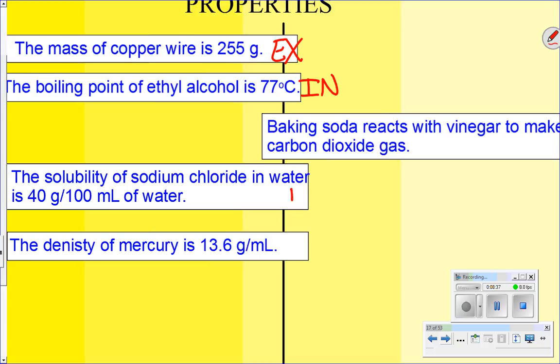Solubility is actually the same. It doesn't matter how much you have; it's the ability of how much you can put in there. The density of something is also going to be intensive. If you look at just volume or just mass, those are extensive, but their relationship through density is going to be intensive.